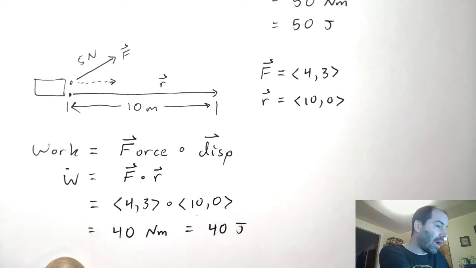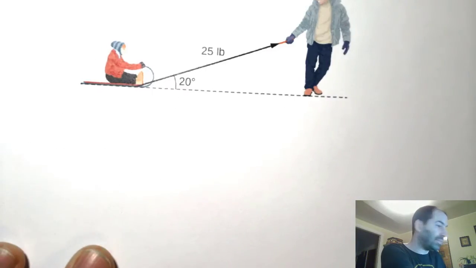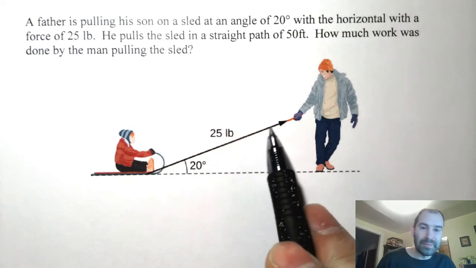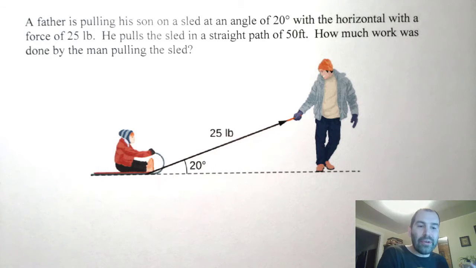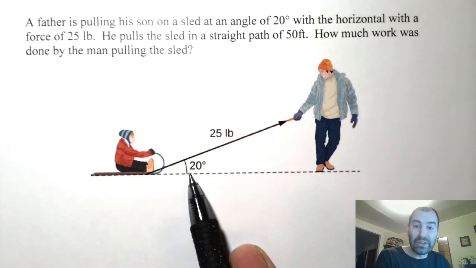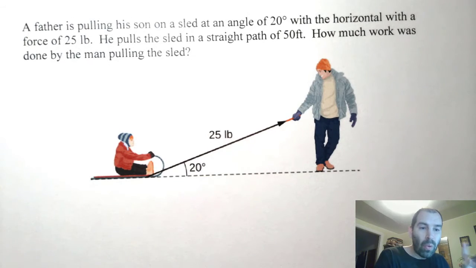However, if you look at the problem that we started with here, we don't know the components of this vector. So we either need to find the components of this vector, which you could do because you do know the angle, or we could be a little bit more clever here.